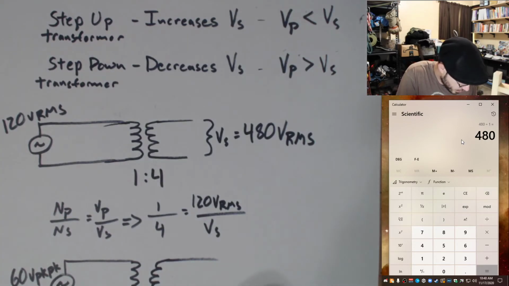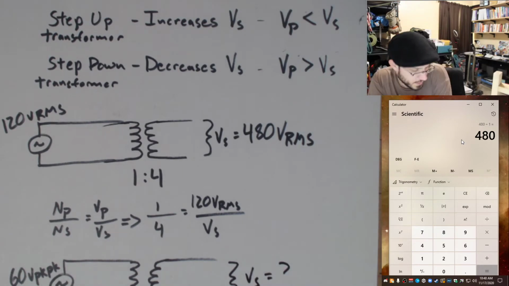Let's say this is a 2-to-1. Well, what's it going to be?